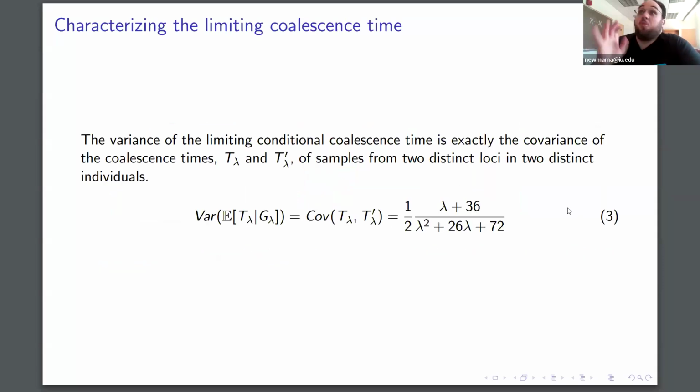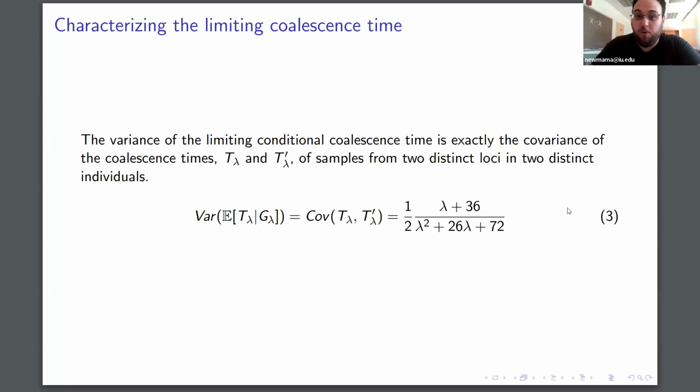And so what does this tell us about the relationship between sampling across loci, right? So you can characterize how much this process differs. The conditional time differs from the classical time. In fact, you find that the variance of this conditional time is exactly equal to the covariance of conditionally independent times from two distinct loci in two distinct individuals.